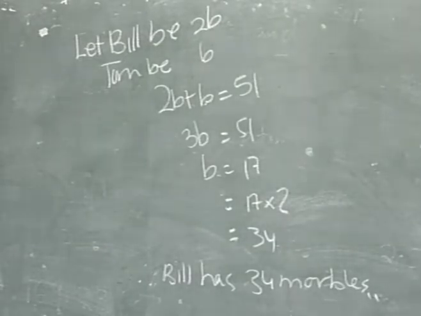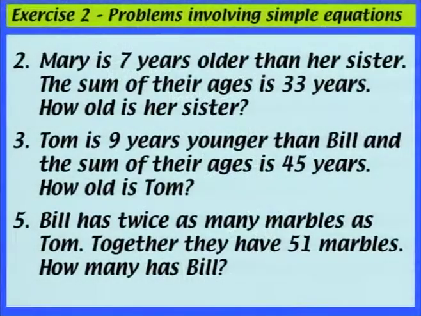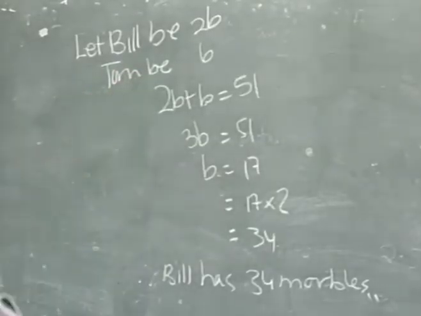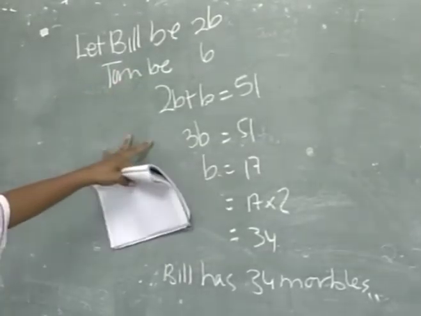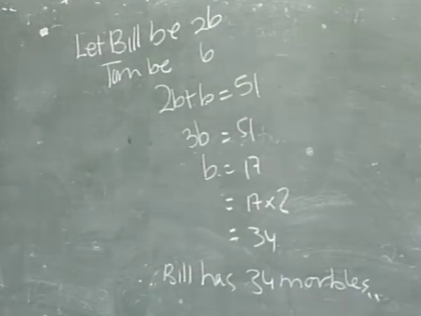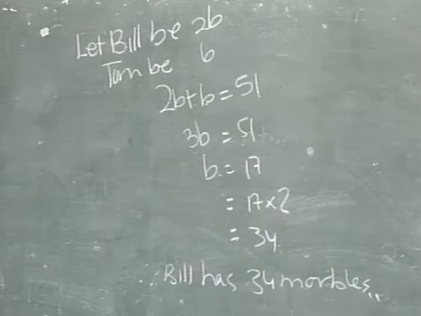The question reads, Bill has twice as many marbles as Tom. Together they have 51 marbles. How many has Bill? We let Bill be 2B and Tom be B. And 2B plus B equals 51. So collect the like terms. 3B equals 51 and B equals 17.